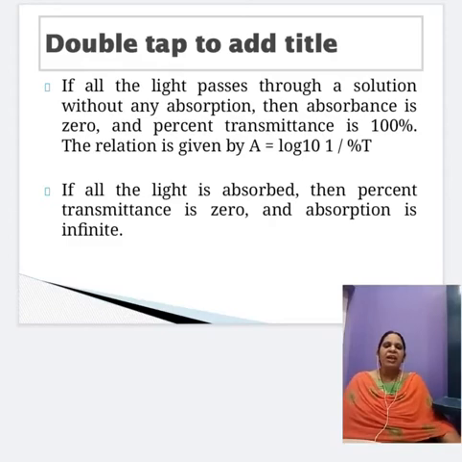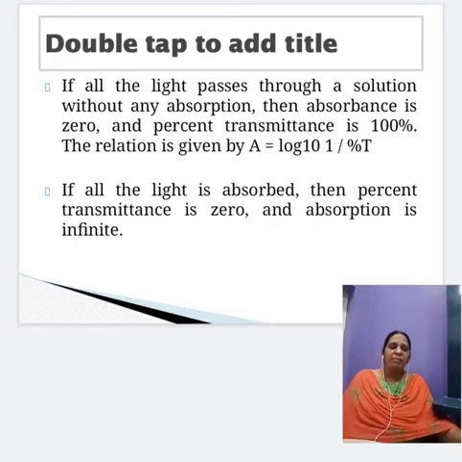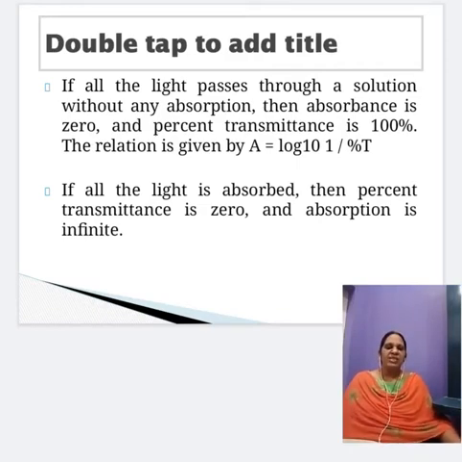So there is a relationship between absorbance and transmittance. Absorbance A is equal to the logarithm of 1 by percentage T, so it is inverse. Percentage T is transmittance. If all the light is absorbed, then transmittance is 0 and absorbance is infinity.